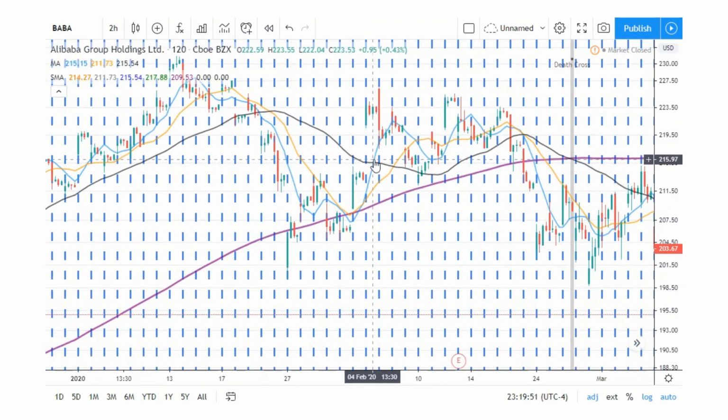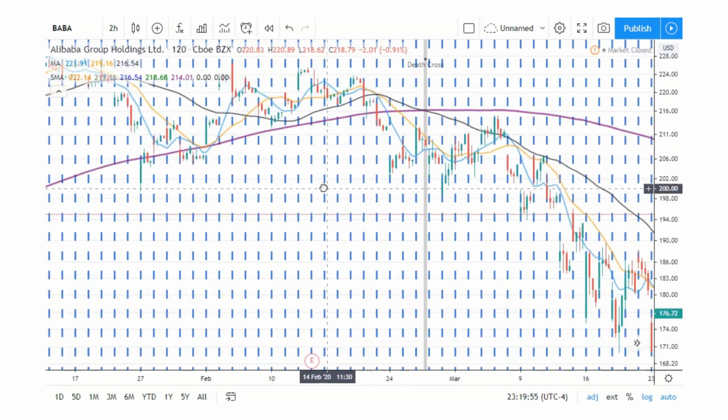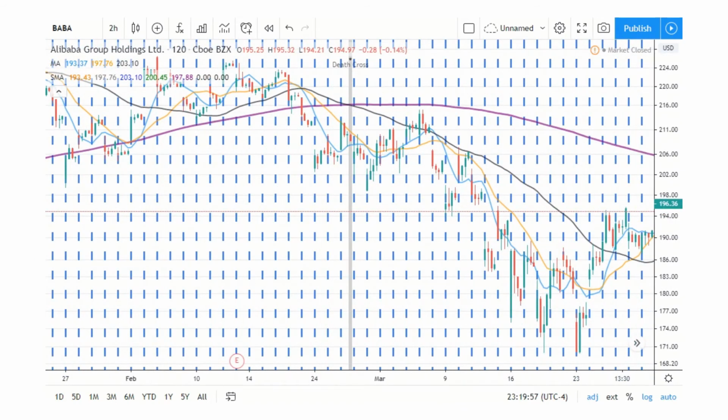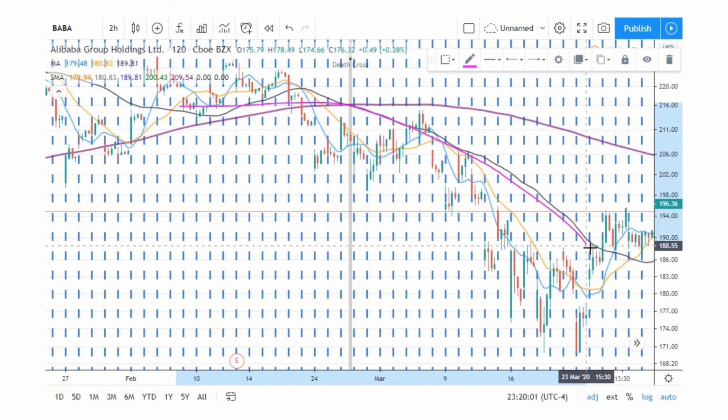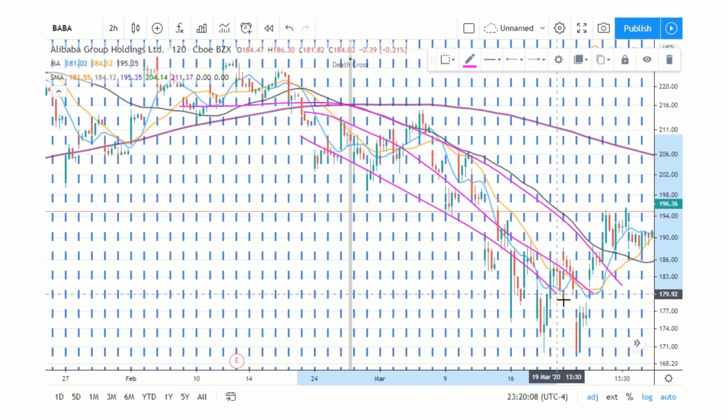And over here, this starts to get a little bit more narrow, and then look what happens. The 50 moving average dips below the 200 moving average, and it takes the stock with it. You see? It takes it with it.